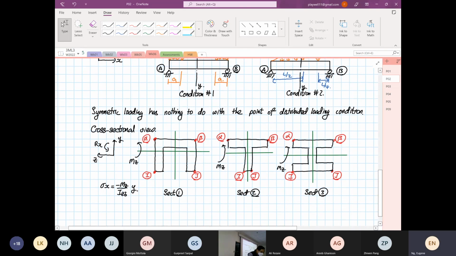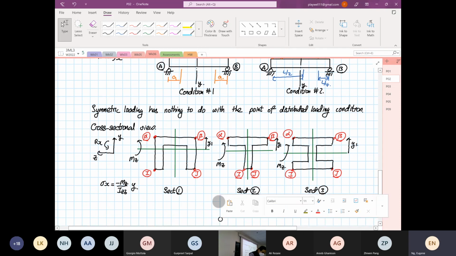If we find the stress at alpha and beta, we call this distance y1. Likewise over here, this is also y1, and over here the distance to alpha and beta is y1.